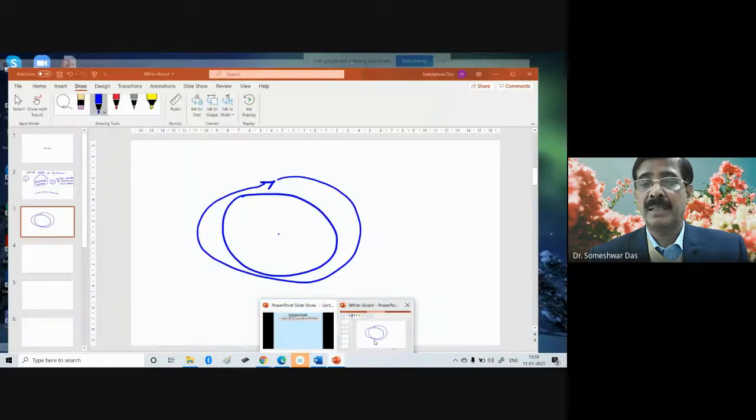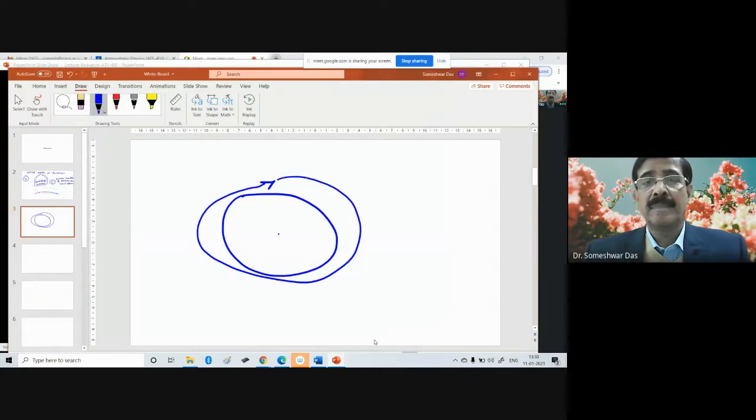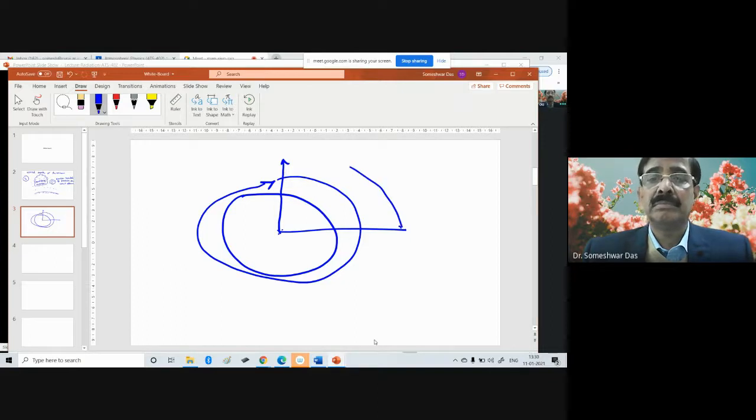Suppose this is the radiation emitted, and say this is horizontal. So you are integrating from this, 0 to pi by 2, where this angle is pi by 2.